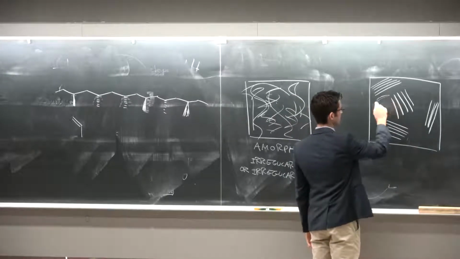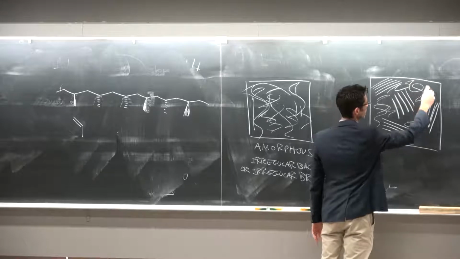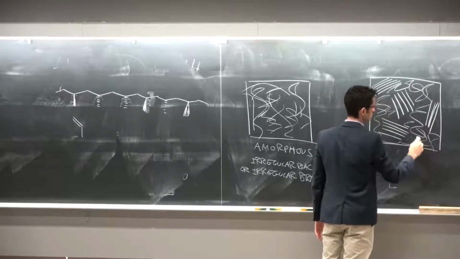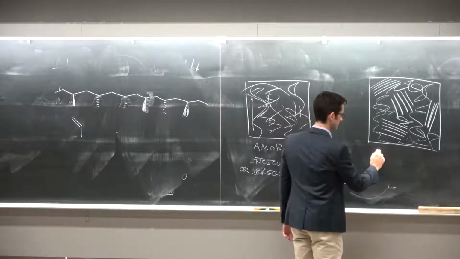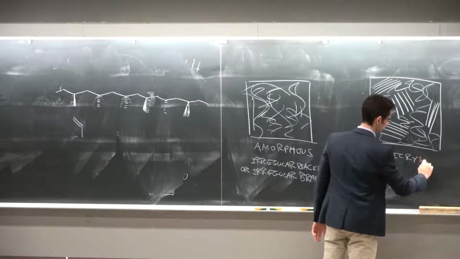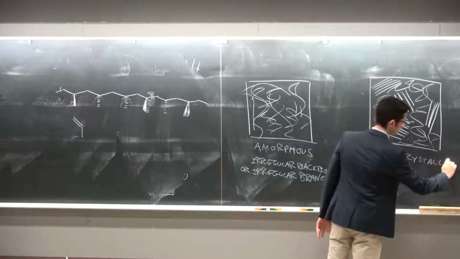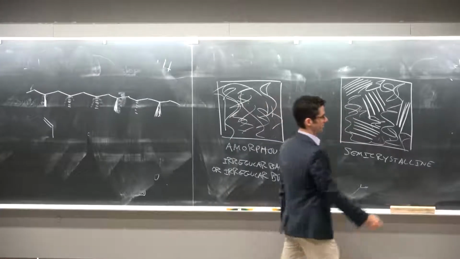But I'll just draw them conceptually like this, where we have the crystalline domains. This is semi-crystalline. And the amorphous domains.